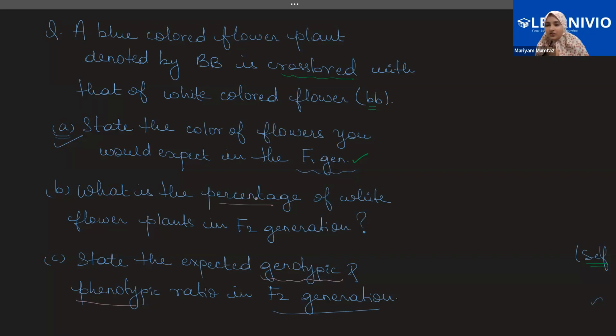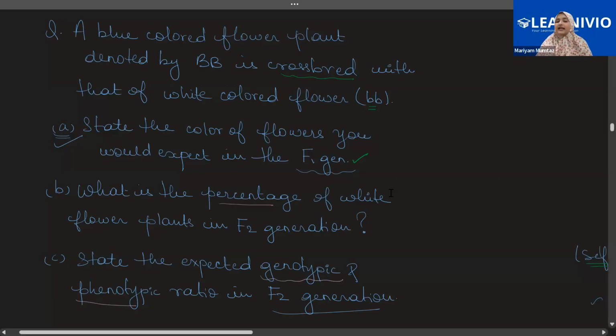So what is the ratio? 3:1. Yes. The phenotypic ratio is 3:1. The genotypic ratio, you are correct, 1:2:1. The first answer is also right. The third answer, you made a mistake because you didn't know the difference between genotype and phenotype, right? That is why I said the basic terms are very important in this chapter.